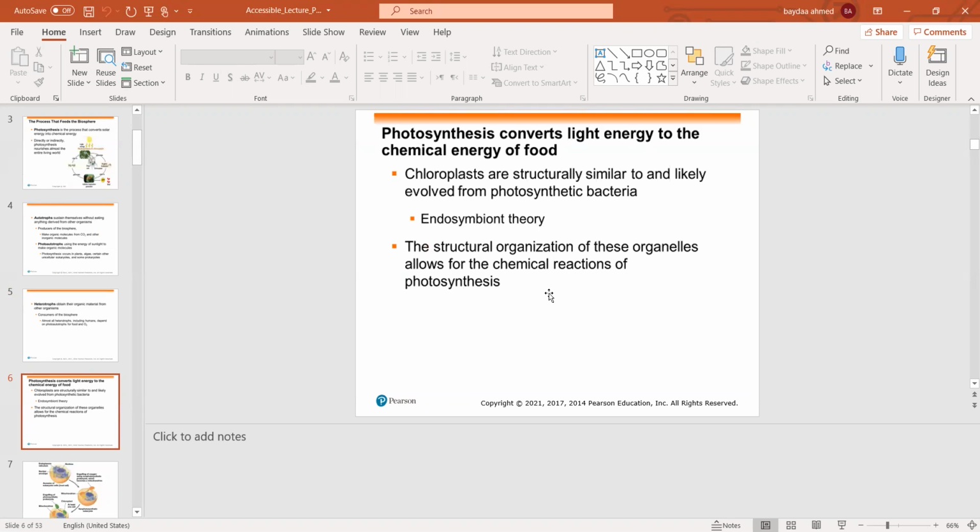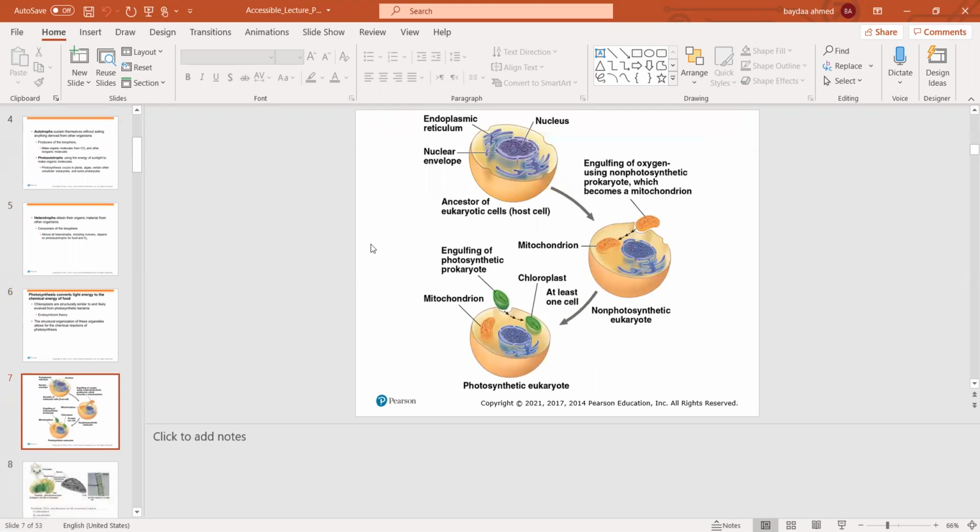According to what has come to be known as endosymbiont theory, the original chloroplast was a photosynthetic prokaryote that lived inside an ancestor of eukaryotic cells.